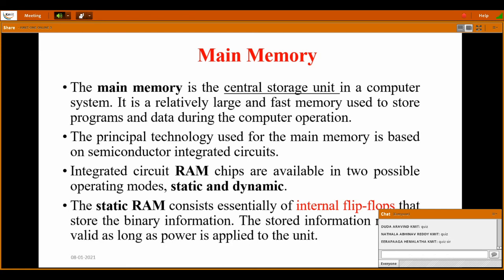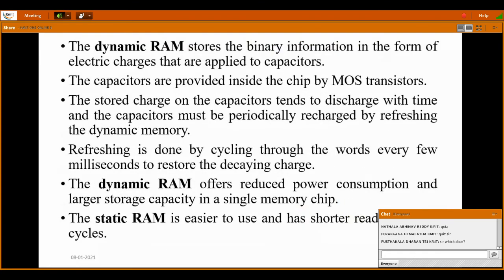And the major application of DRAM is main memory, implemented with the help of DRAM only. Nowadays the best example of main memory is RAM only. The main example of DRAM is the main memory.